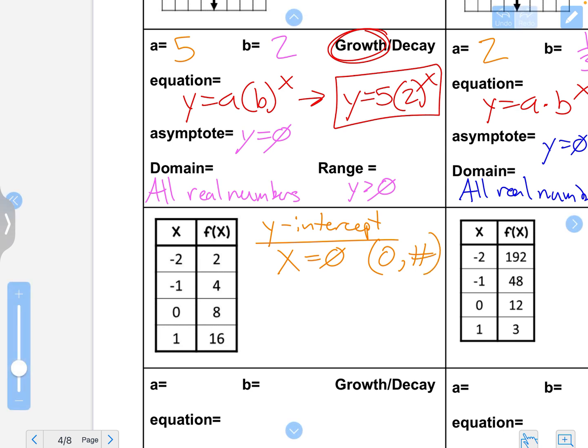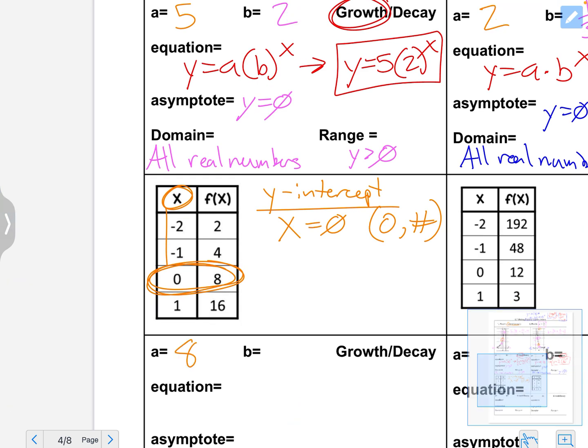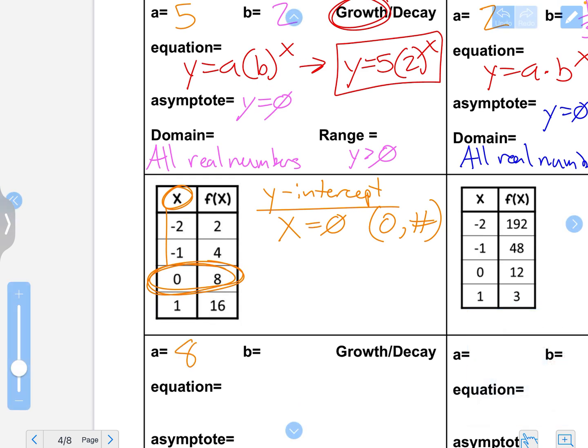So if we look at this table here, I'm going to start at the x column, and I'm going to go down and down and down until I find an x value that is 0. So when I find that 0, whatever number is in the y column becomes my y-intercept.